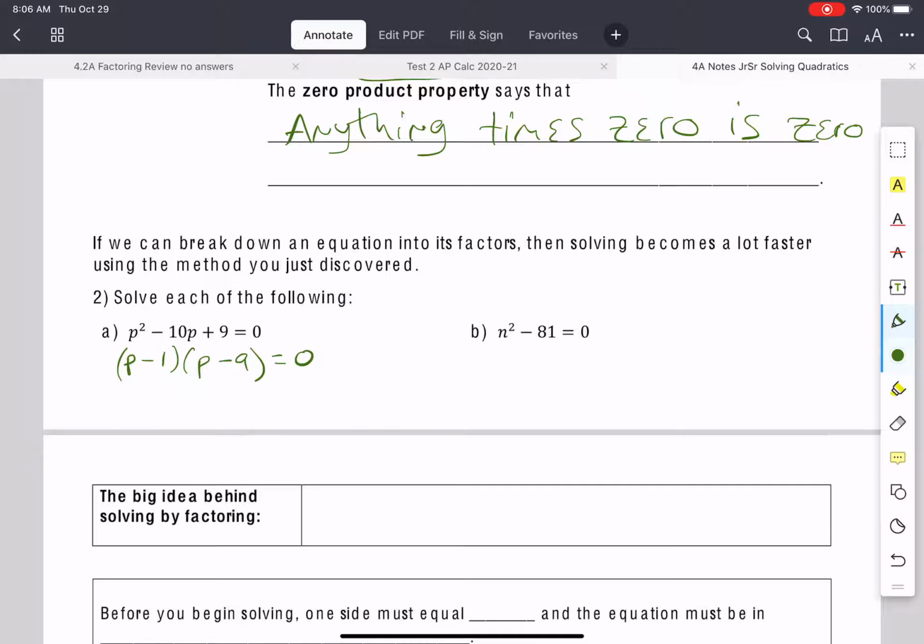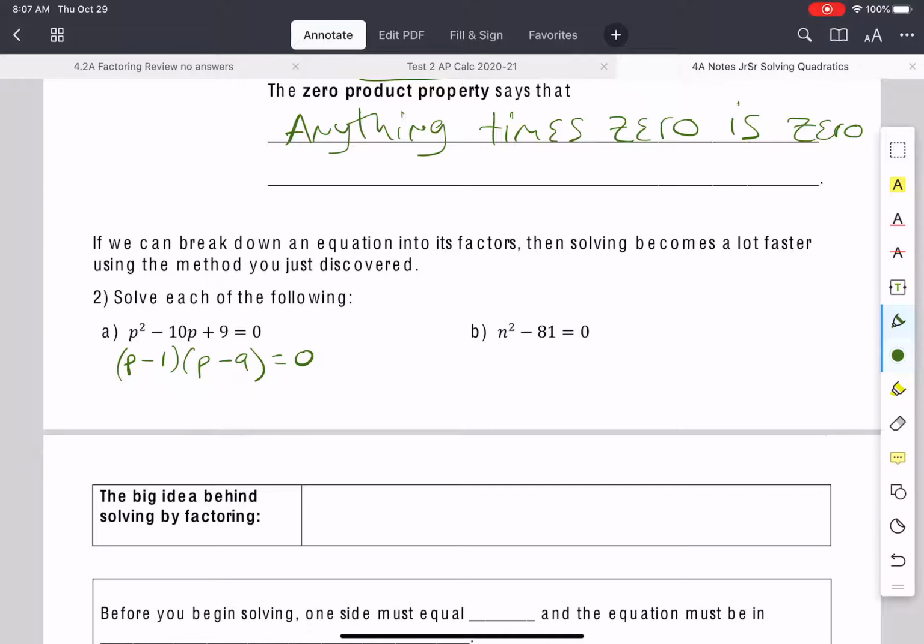We're going to make a bunch of connections here in just a sec. The whole point of the factors is that it's two things being multiplied together. Zero product property says that anything times 0 is 0. So if I want to make the whole thing equal 0, what if just that first factor is 0?